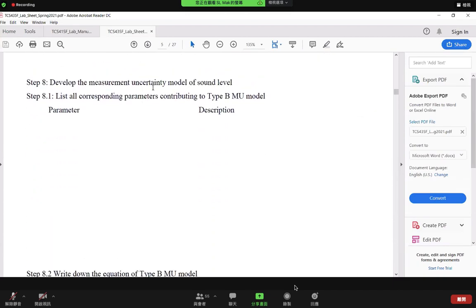Step 8, develop the measurement and uncertainty model for sound level measurement. List all corresponding parameters contributing to the type B MU model. In your year 3 study, you already learned how to develop the uncertainty model. You should write down all parameters using a symbol, for example, theta to represent the distance.